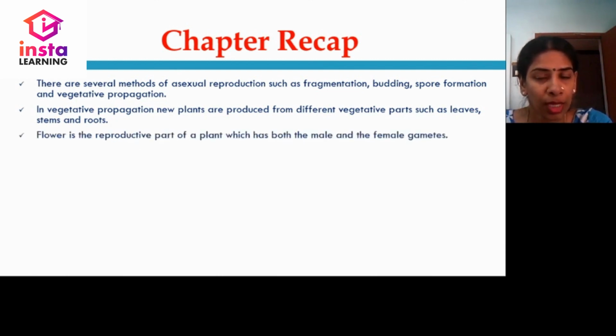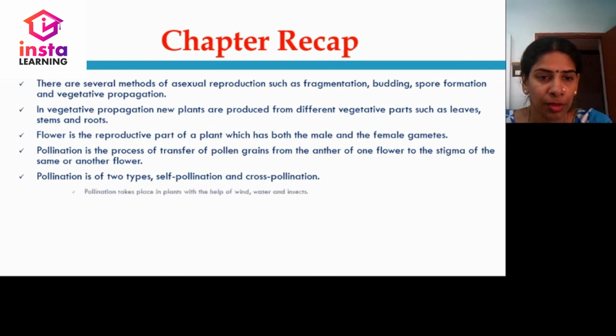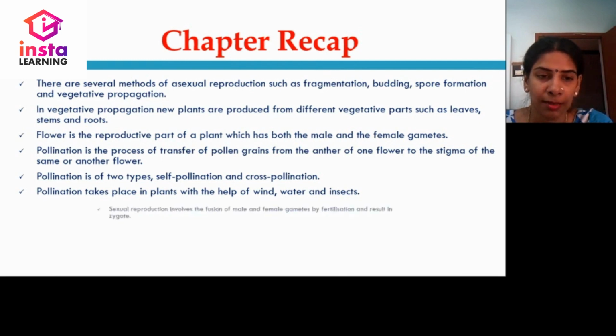It has both male and female gametes. Pollination is the process of transfer of pollen grains from the anther of one flower to the stigma of the same or another flower. Pollination is of two types, namely self-pollination and cross-pollination. Pollination takes place in plants with the help of wind, water, and insects.